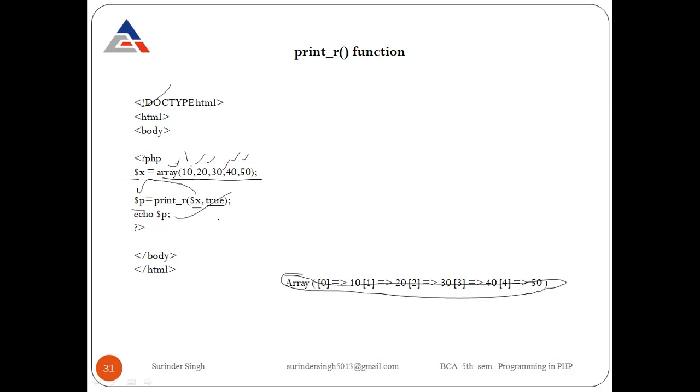And we are printing p here. If you directly echo variable x, it will print only this. But now by using the print_r function, we can store its value in another variable and print that variable. Clear?